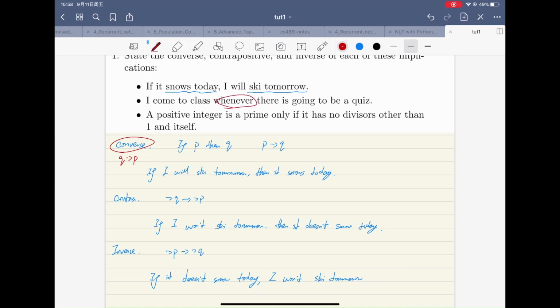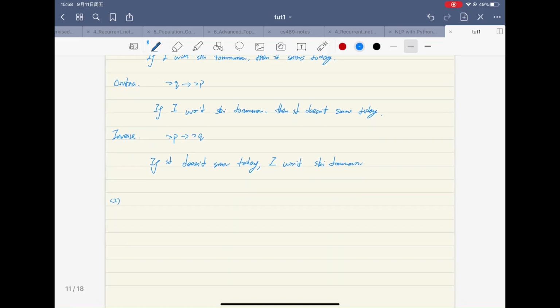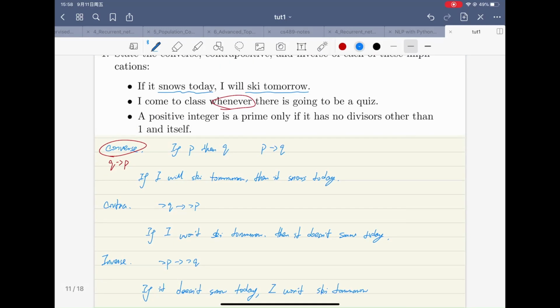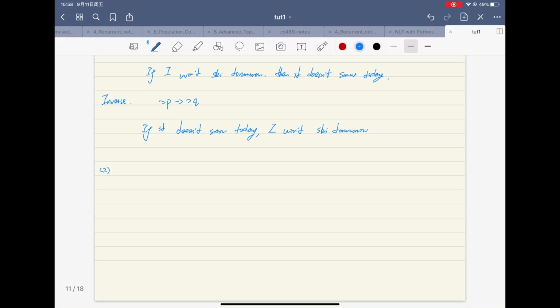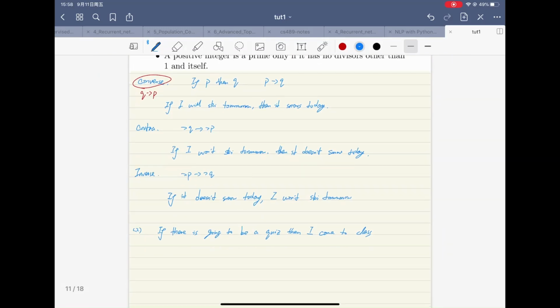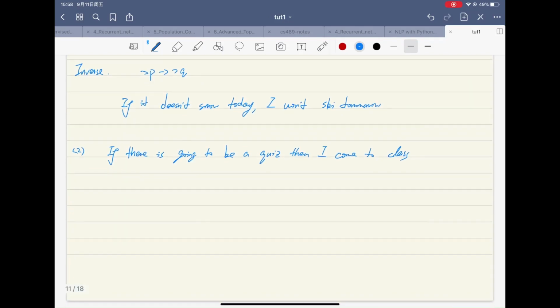So let me simplify the statement first. The second one, I come to class whenever there's going to be a quiz. So simplified, it will be: if there is going to be a quiz, then I come to class. Right? We simplify the statement to a very simple implication.